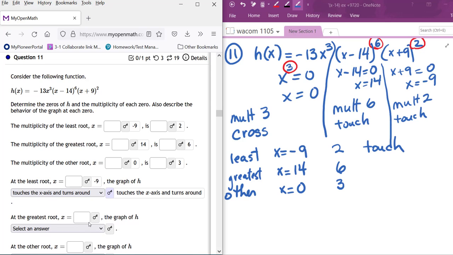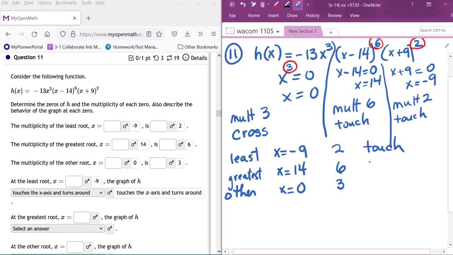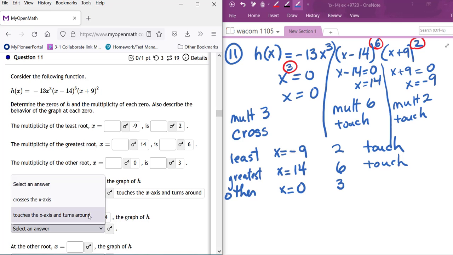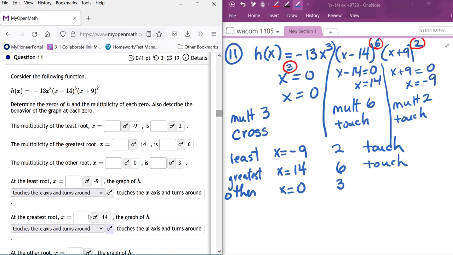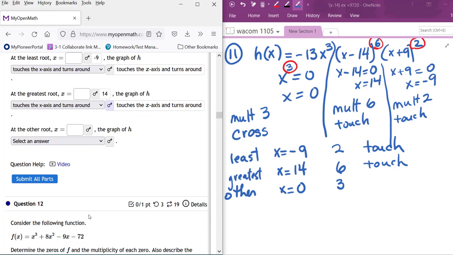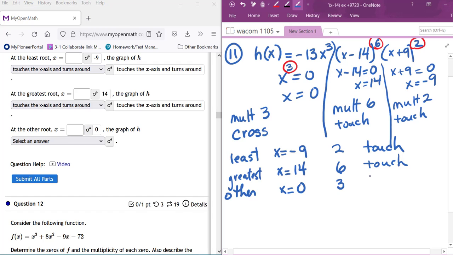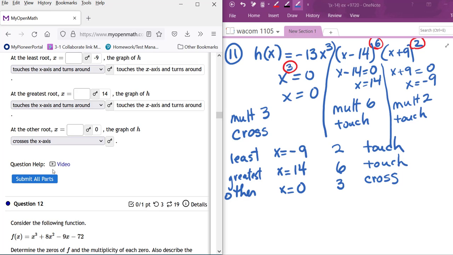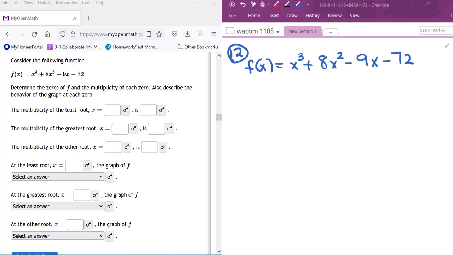At the greatest root, which will be 14, it has even, it's also going to touch and turn around. And at the other root, x equals 0, this one has odd, so it's going to cross the x-axis. Let's look at question 12.